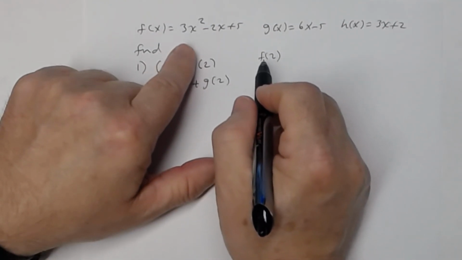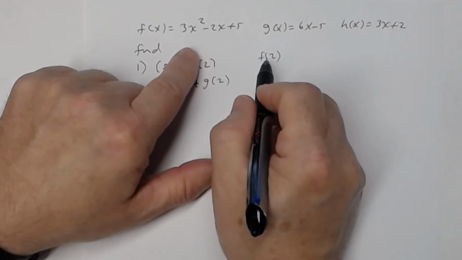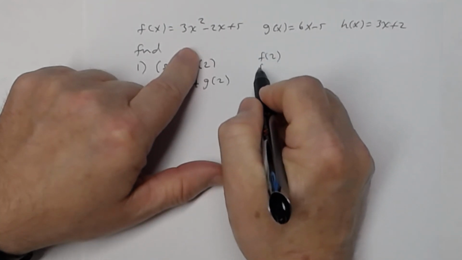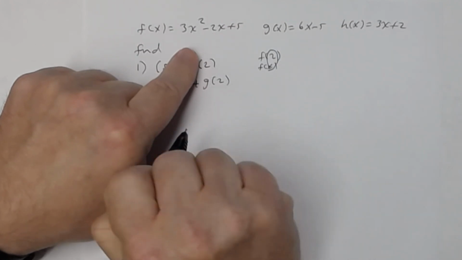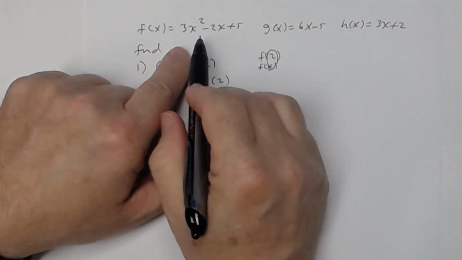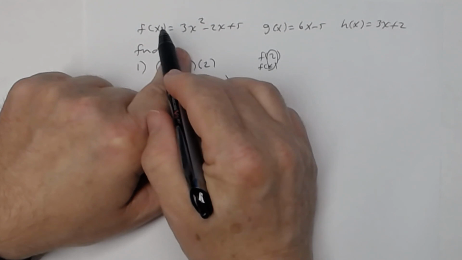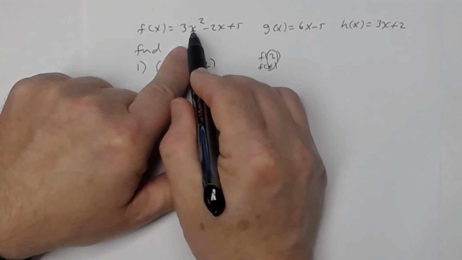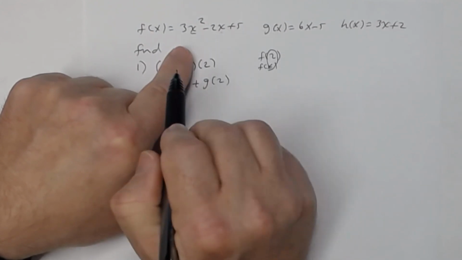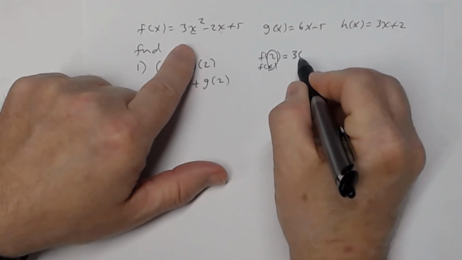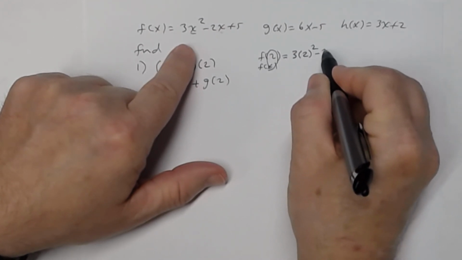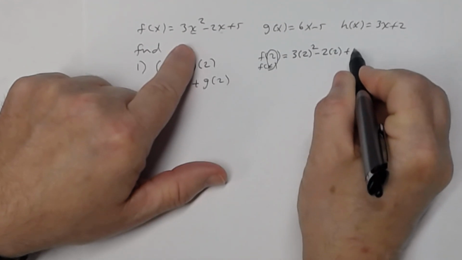In place of x, you're going to substitute 2. So where we see x in the function f, you're going to substitute 2. So f of 2 becomes 3 times 2 squared minus 2 times 2 plus 5.